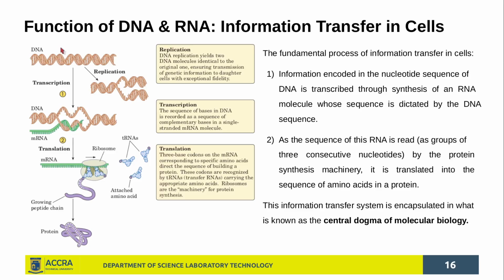So if you have a DNA, which is a double strand, and this information stored in DNA needs to be copied first onto a messenger RNA, before that, this DNA would have to split into two, and that process is what is referred to as replication. So the DNA is split into two strands, opening up for it to be copied. And the process of copying that genetic information from the strand is what is referred to as transcription.